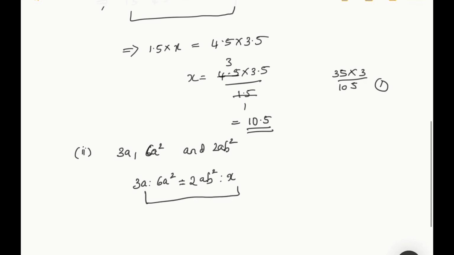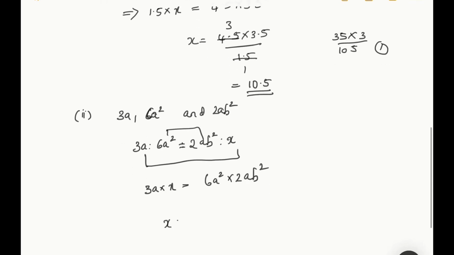So how do I solve it? 3a into x equals 6a square into 2ab square. x equals 6a square into 2ab square by 3a. a and a are getting cancelled. 3 ones are 3, 3 twos are 6. So what do I get? 2 twos are 4. 4a square b square. Okay.